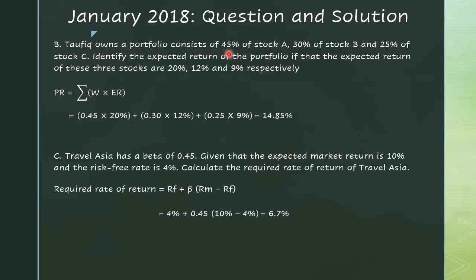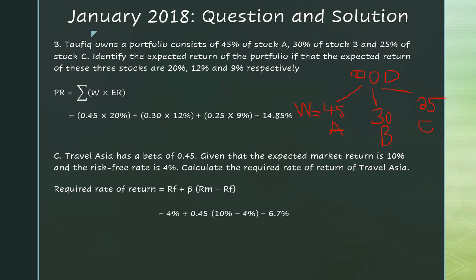Taufik owns a portfolio consisting of 45% of stock A, 30% of stock B, and 25% of stock C. What it means here is that, let's say Taufik has 1,000 ringgit, and he spent 40% of the money on stock A, and then he spent 30% of his money in stock B, and then 25% of the money in stock C. So this is the weightage.